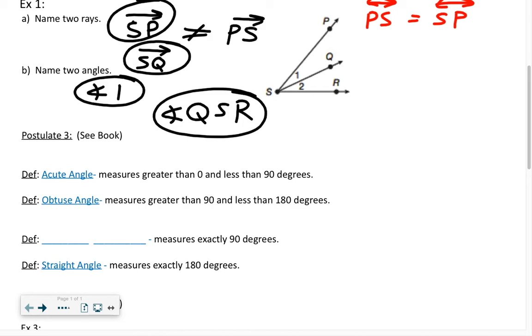It seems redundant, but later on we'll get into these things called proofs where you may have to come back to postulate 3. Basically, it's stating how to use a protractor, which we all know.